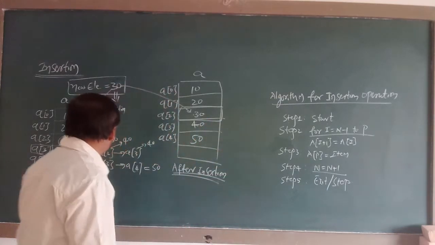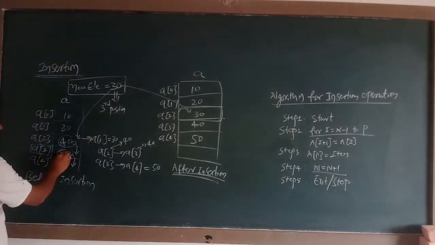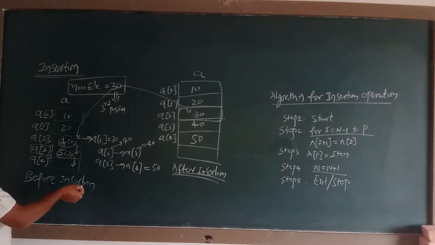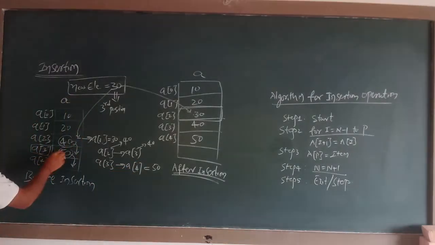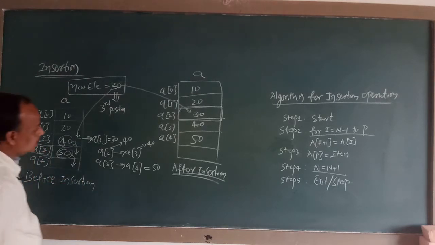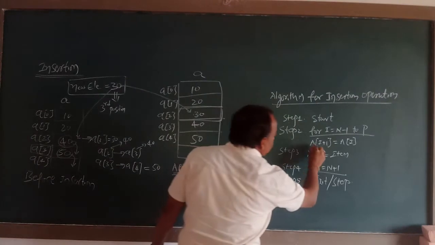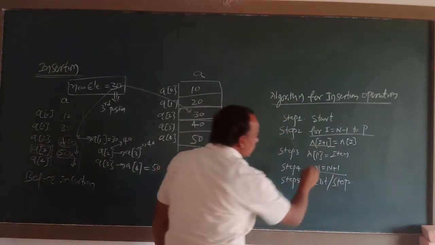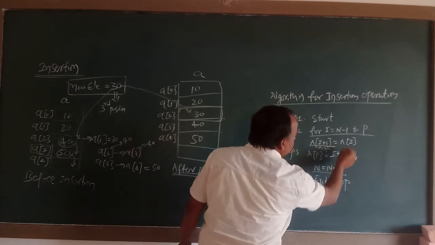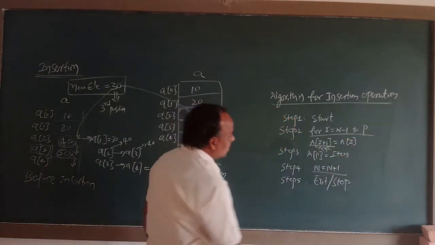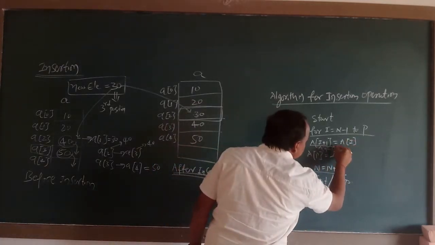See here, the last element here is 50. So A of I plus 1, where I is 3, means A of 3 plus 1, that is A of 4. A of I plus 1 means A of 4 is equal to A of I, which is A of 3.